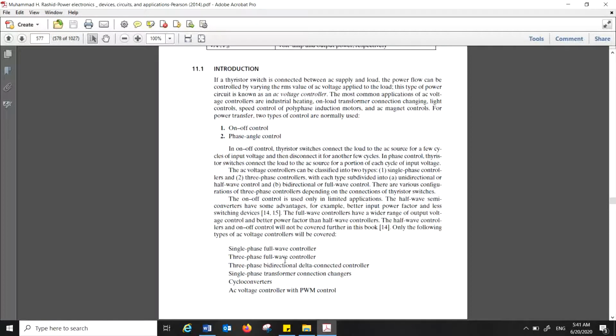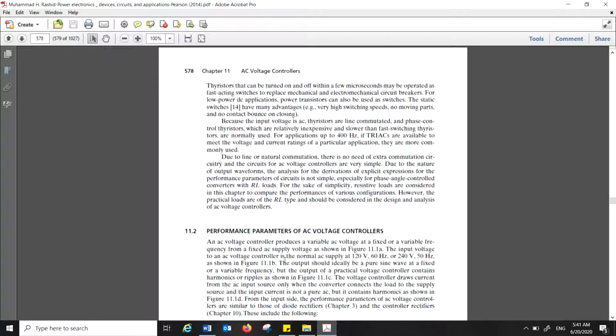And look at this. Thyristors can be turned on and off within a few microseconds, acting as fast devices to replace mechanical and electromechanical circuit breakers.